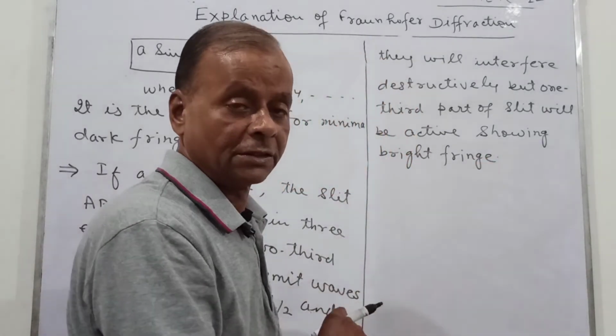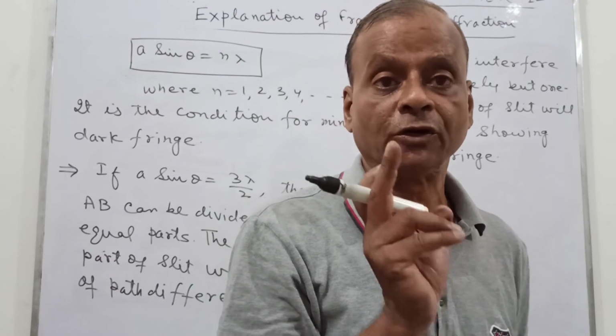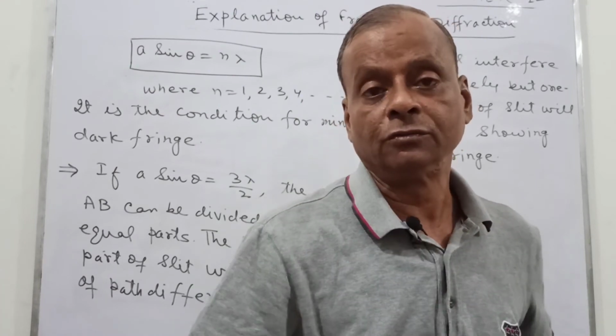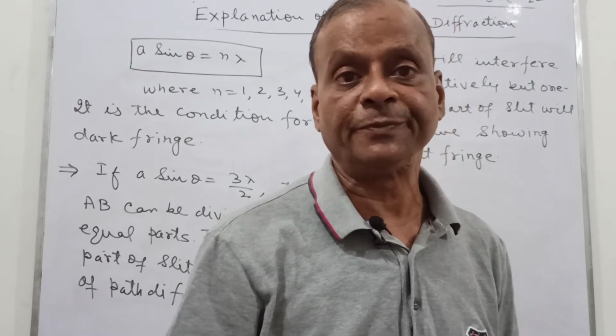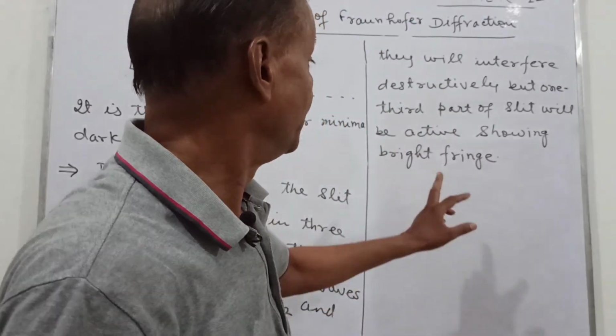It means that the two-third part will emit waves of path difference lambda by 2, then the third part will emit waves of path difference lambda, and they will show the bright fringe.